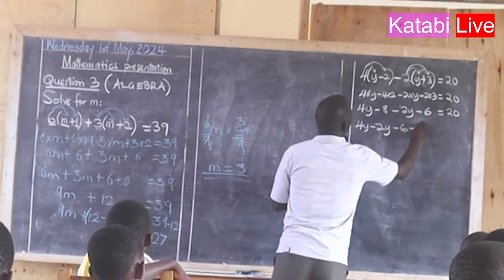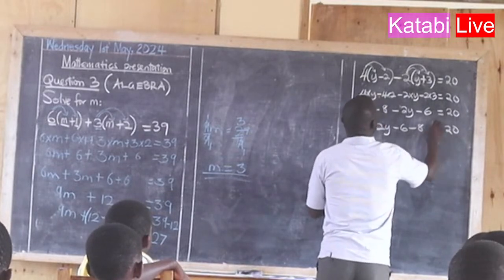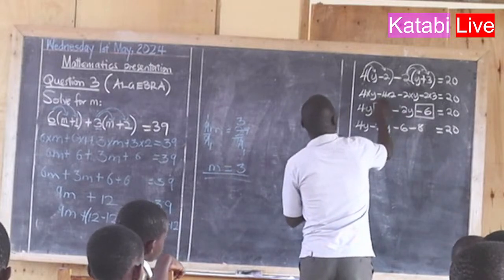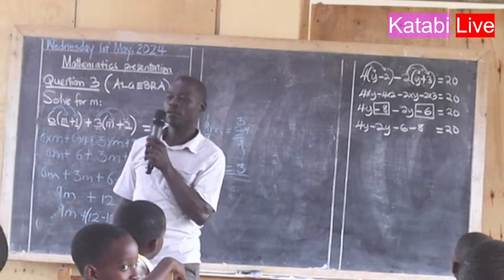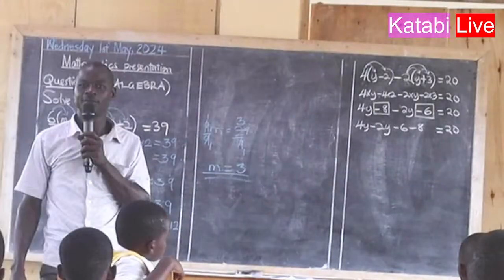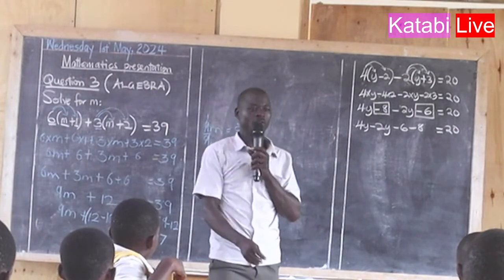I have seen minus 6, I have seen minus 8. Why did you start with minus 6? Hands up. Why did she begin with minus 6? I thought she was going to start with minus 8, but she began with minus 6. Why do you think?